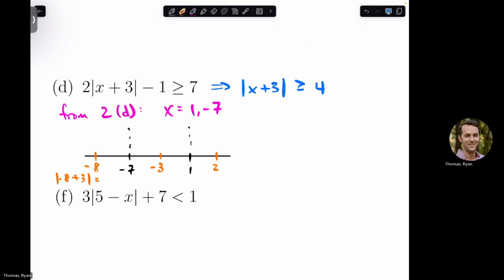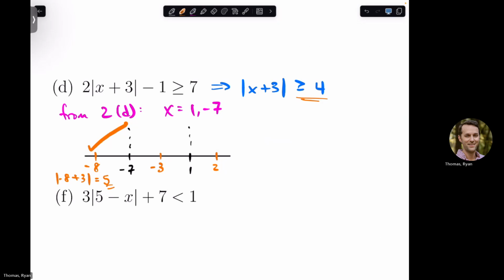Absolute value of -8 plus 3. So is 5 bigger than 4? Yes.